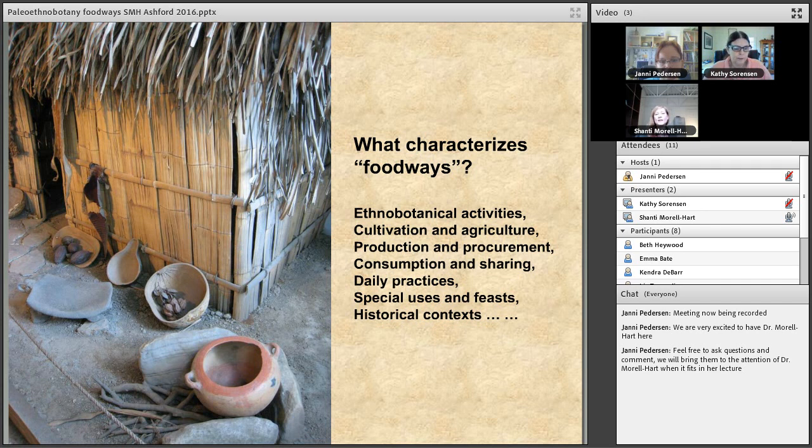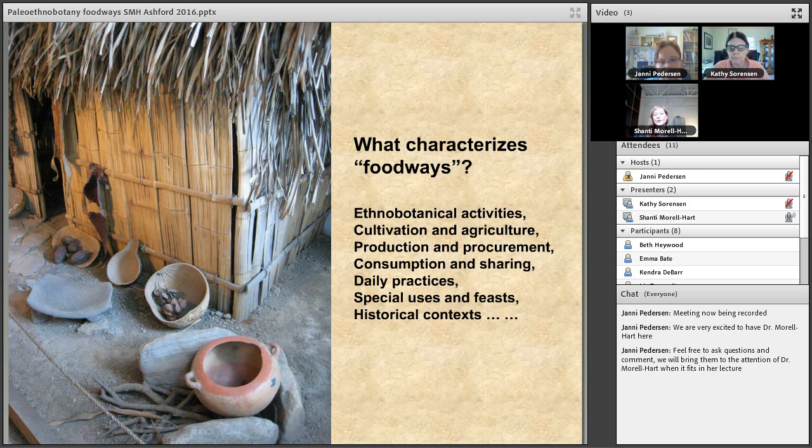So when we're thinking about the past, there are a lot of things we can think about in terms of what characterizes foodways. We could talk about ethnobotanical activities of different kinds, cultivation, agriculture, consumption, how people shared food or didn't share food, different kinds of special uses, feasting contexts, and the historical context within which all of these things took place.